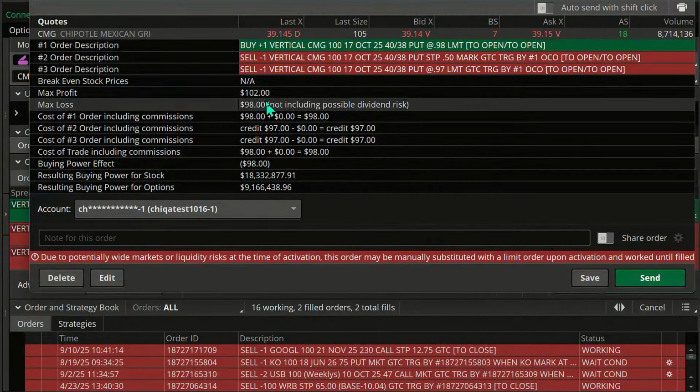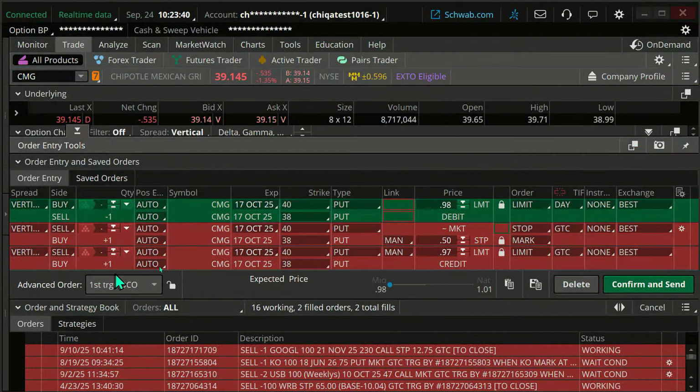So if I want 75%, what's 75% of 100? Well, 75% of 100 is $75. I'm not going to put in $75 here because we're buying it for $1. So to realize that $75 profit, this would have to be worth $1.75.